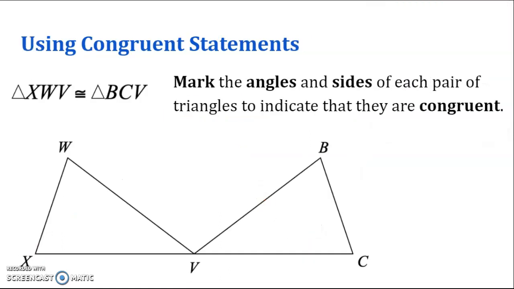Okay? Alright, what about this? This time you're given that triangle XWV is congruent to triangle BCV. Now this time I would like you to try to mark the angles and sides of each pair of triangles to indicate that they are congruent. Okay, so triangle XWV.